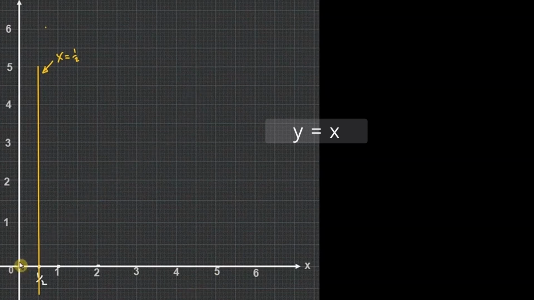But it is very simple for us to recognize that it starts at the origin, and we could just choose any value of x and y. So for example, if x is equal to 5, y is equal to 5, because x is equal to y. So one point on that line would be the intersection of 5 and 5.